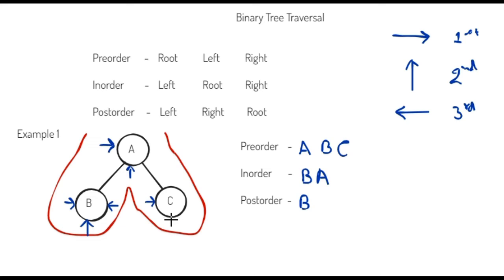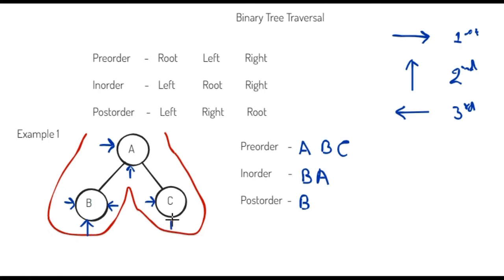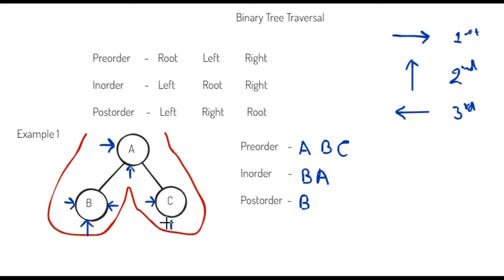Now we will visit node C the second time. So the pointer direction will be bottom to top. So we will add node C in the in order list.